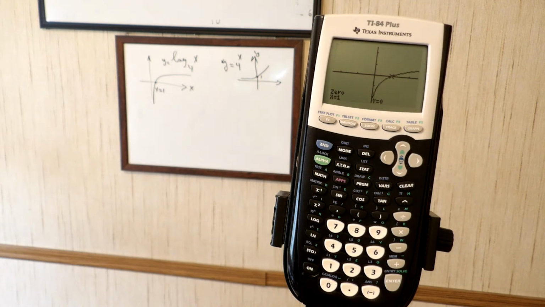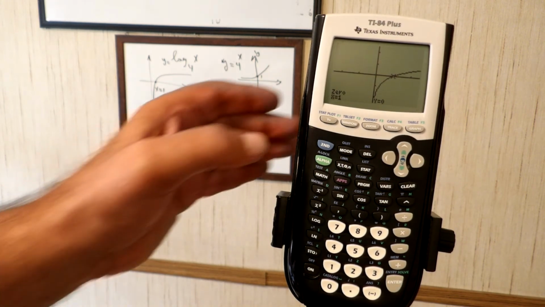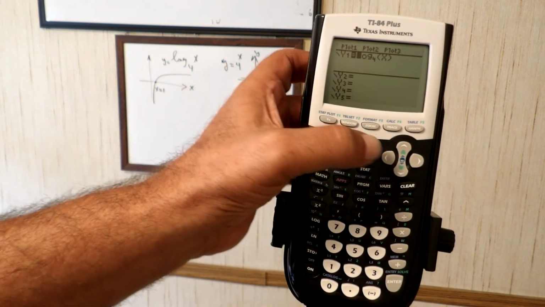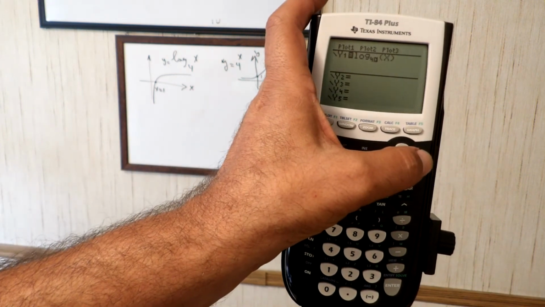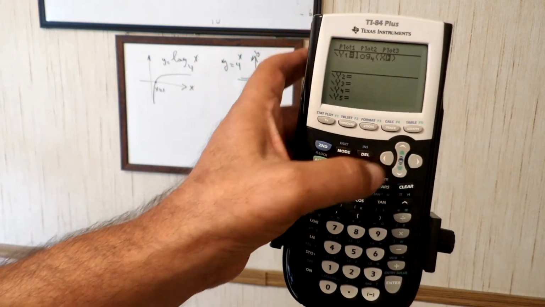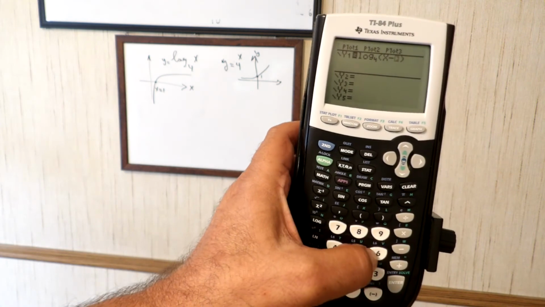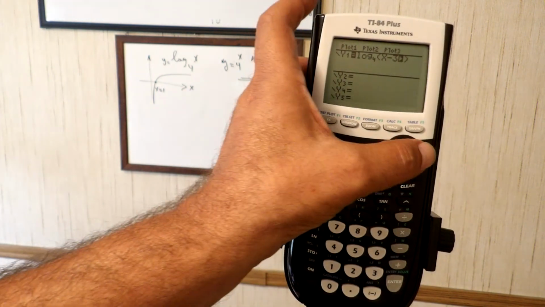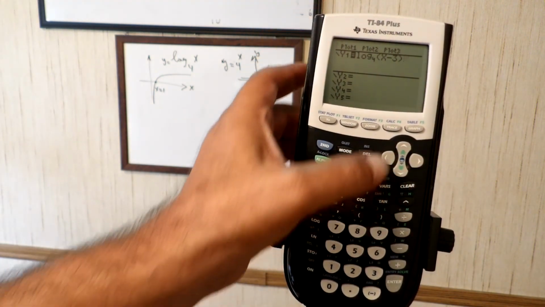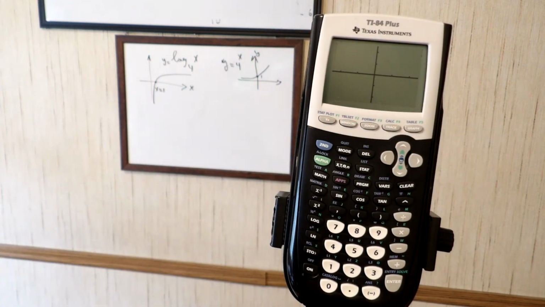So let's see another. If this one is x minus 3, and then see what it looks like.